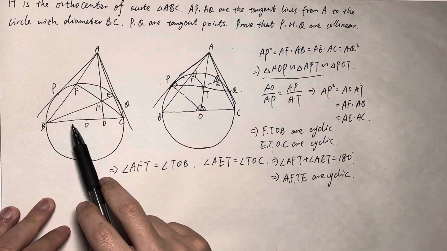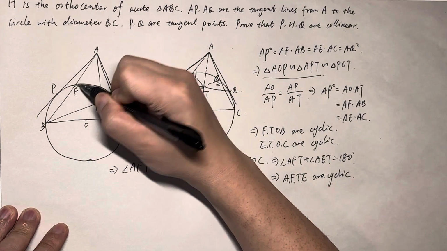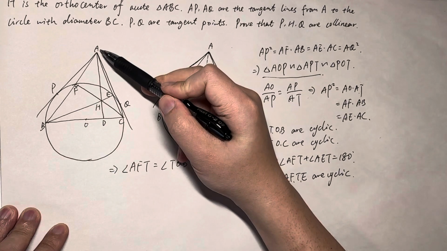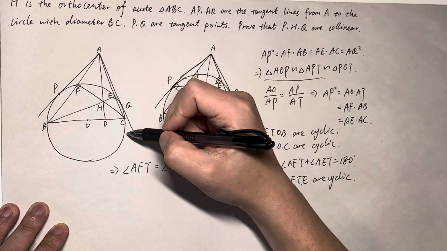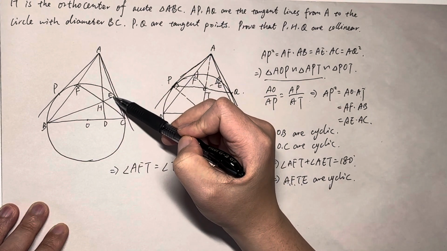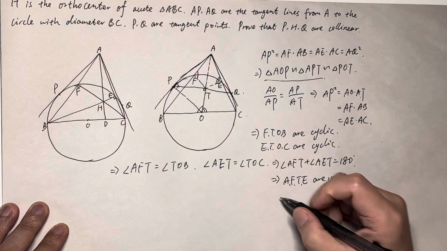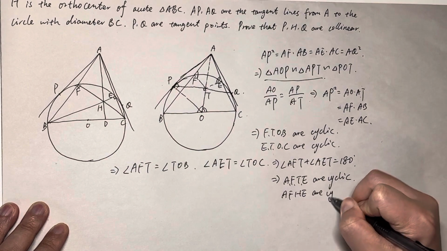And if we look at the original figure, we know that CF is perpendicular to AB, BE is perpendicular to AC, so AFHE are cyclic, right? AFHE are cyclic.